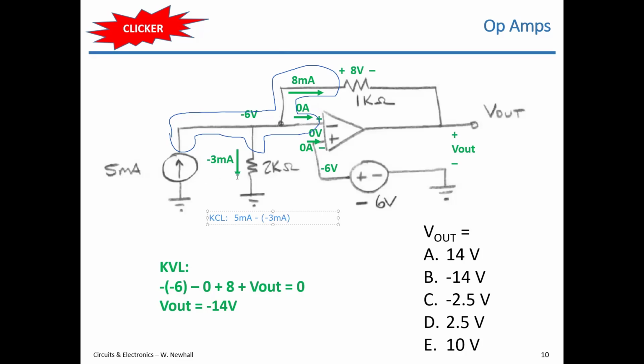So 5 entering, negative 3 is leaving, so positive 3 is entering, and then minus Ix equals 0. So sum the currents entering, set that value equal to 0. That would be my KCL at that node.